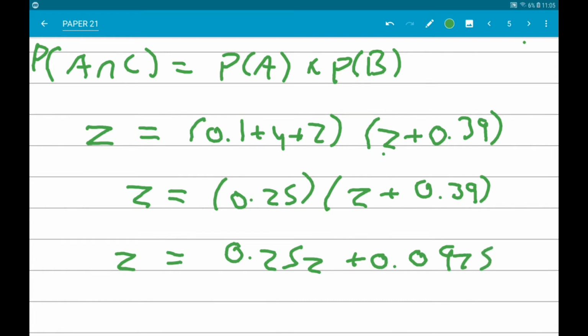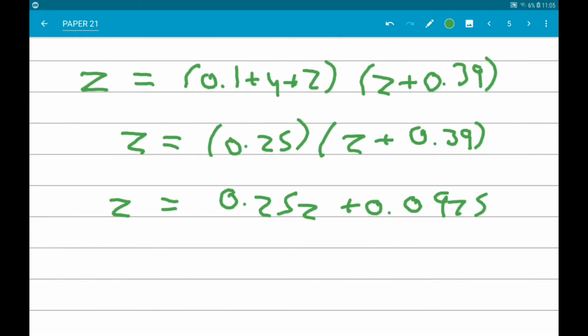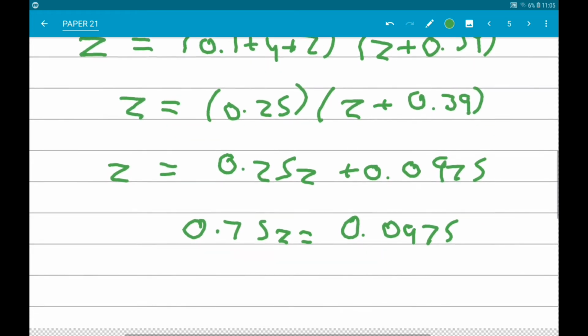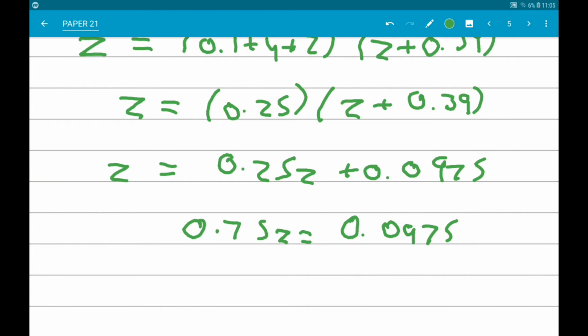So 0.75Z is 0.0975 divided by 0.75 and we get Z is 0.13.